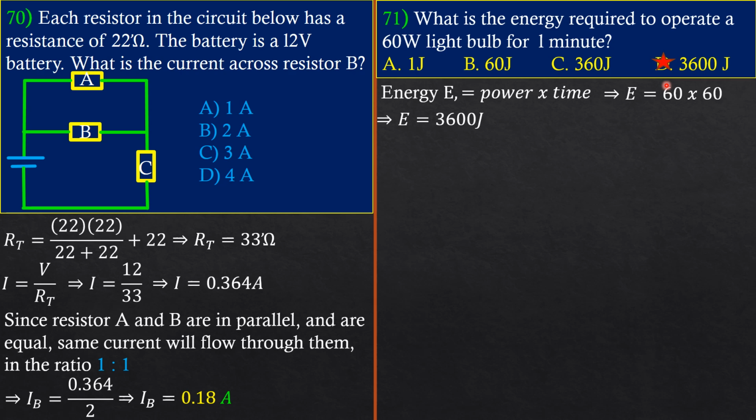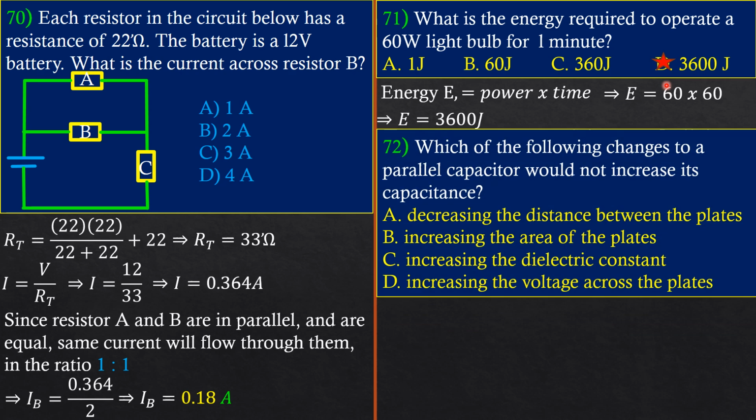Okay. Question 72 reads: which of the following changes to a parallel plate capacitor would not increase its capacitance? A. Decreasing the distance between the plates.